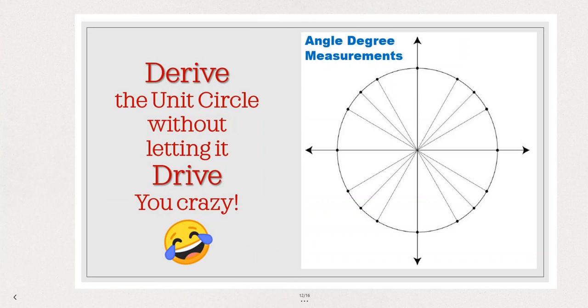The next step to deriving the unit circle is being able to mark the angle degree measurements. Our first angle is just going to be a 0 degree angle. Our second angle is going to be a 30 degree angle. I'm going to skip to the 60 degree angle because I'm just counting by 30s. 30, 60, 90 degrees.